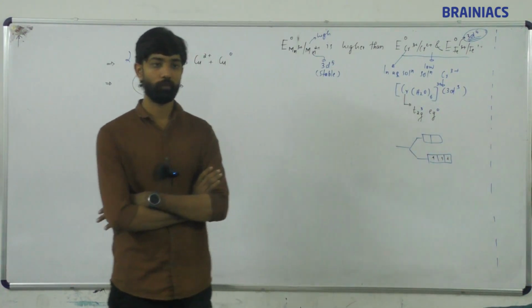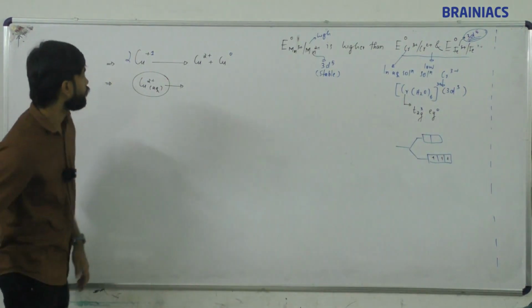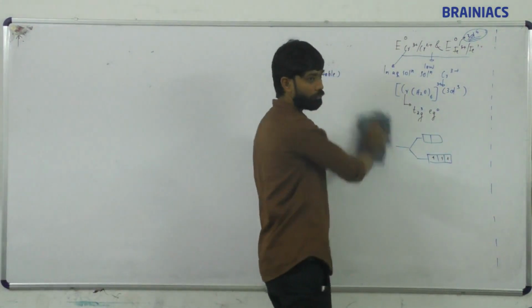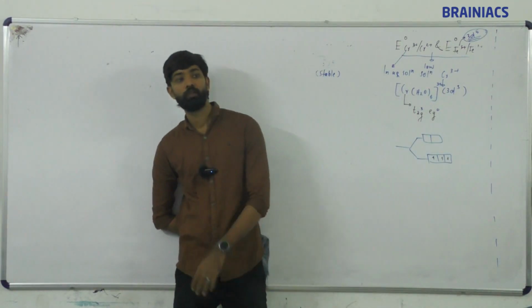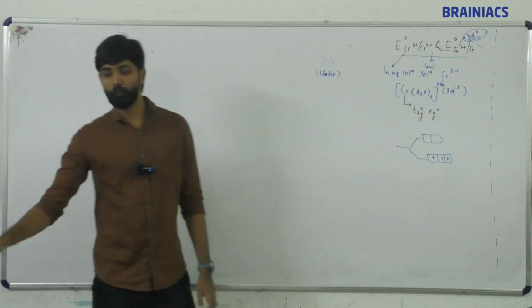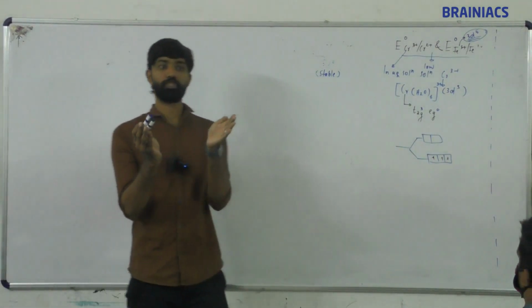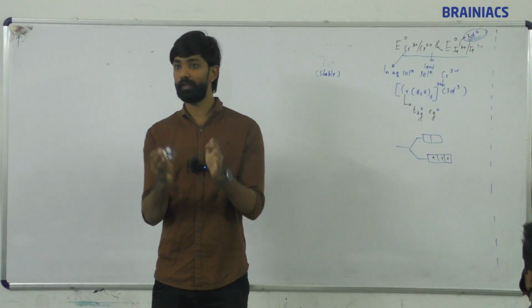You know the concepts: melting, boiling, atomization. There is a general trend. The melting point, boiling point, and heat of atomization depend on the strength of bonding in your metallic crystal.